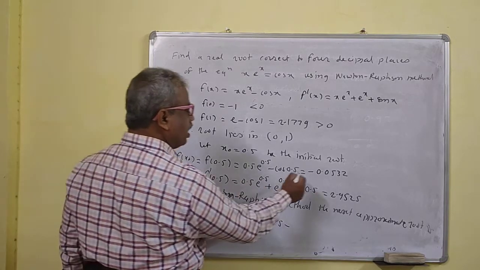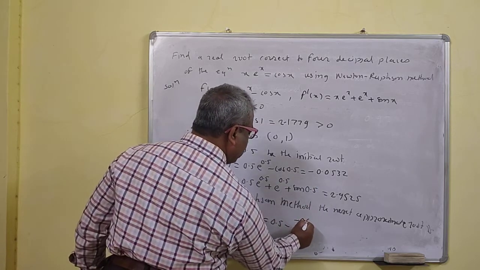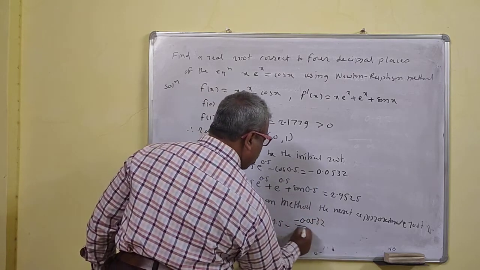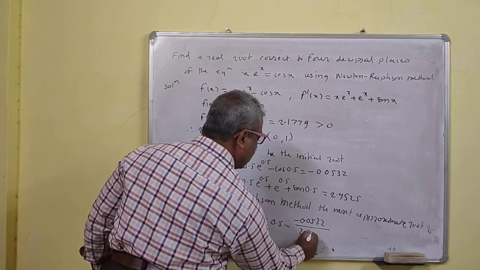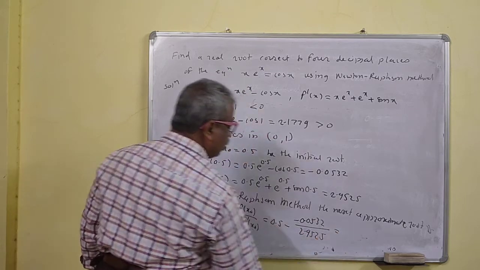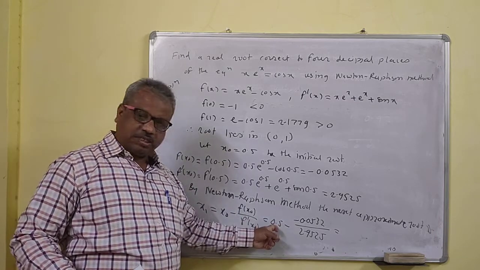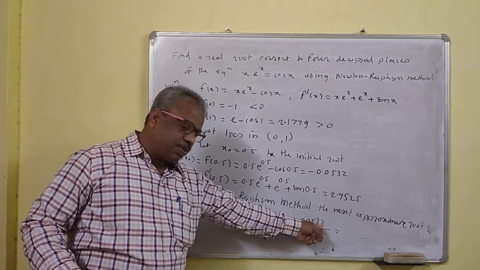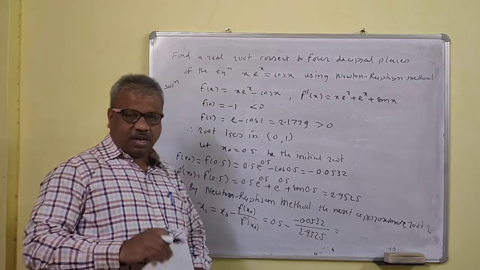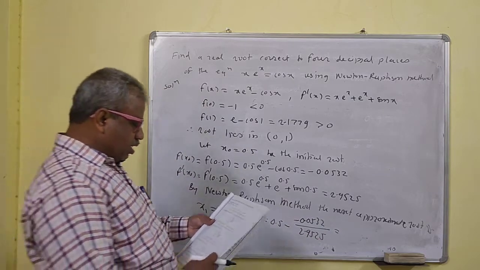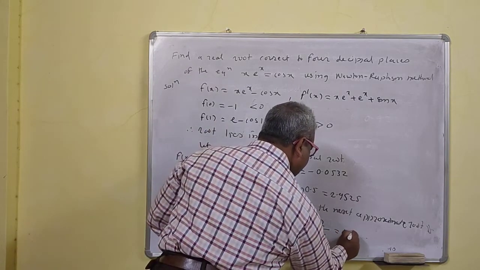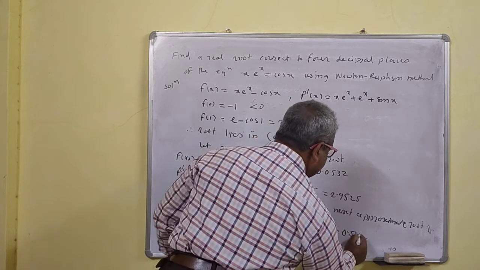Okay. So what you get? F of x0 is minus 0.0532 upon 2.9525. Okay. Use the scientific calculator. Minus this becomes plus now. Just type 0.5 plus this figure divided by this figure and press equal to. You will get the value 0.5180.